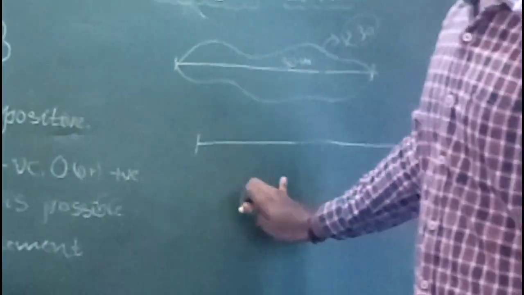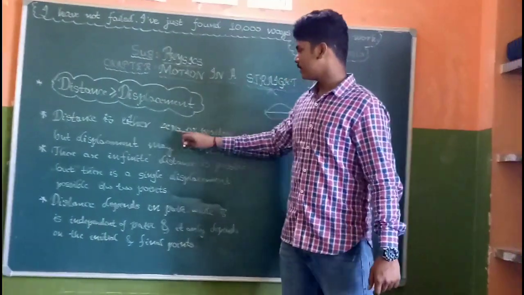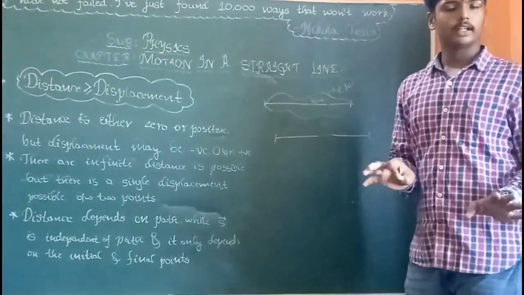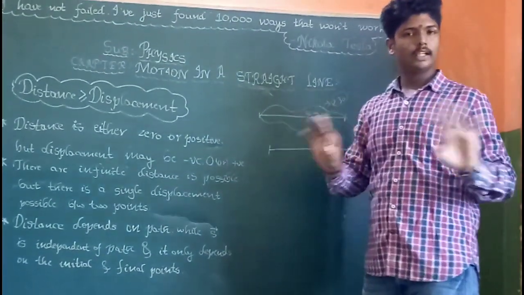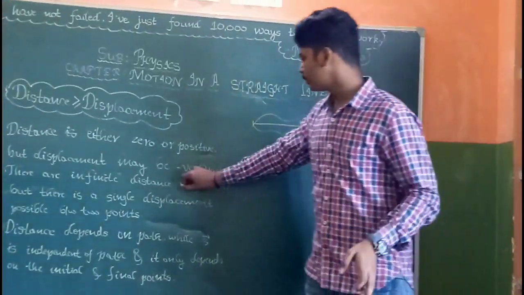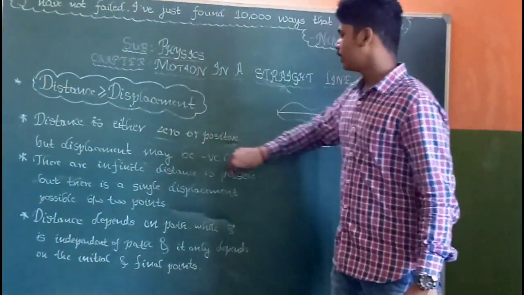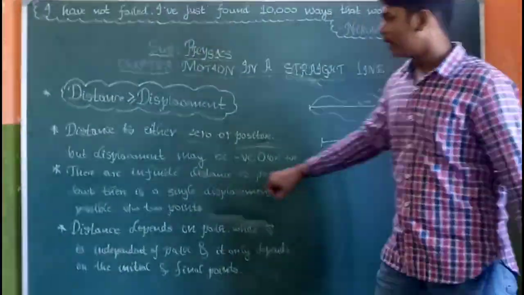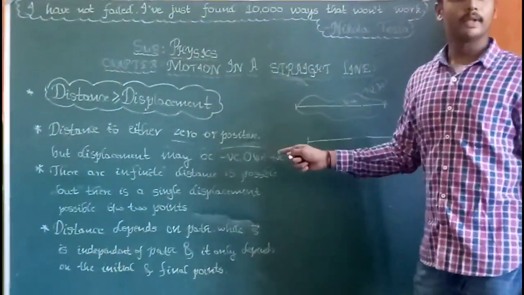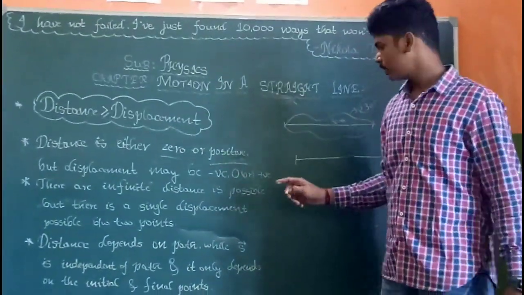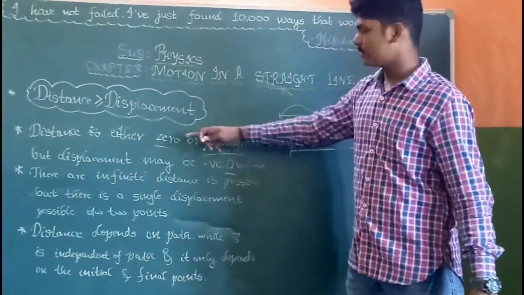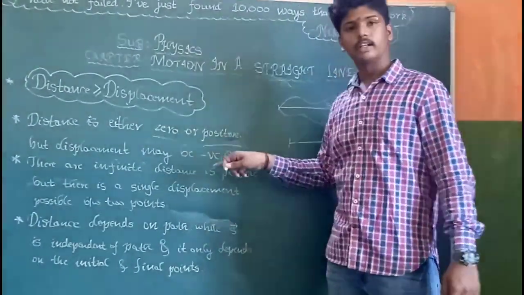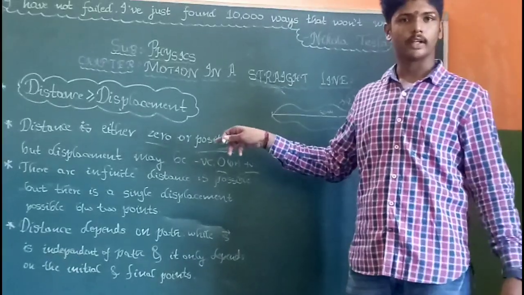Fine, let's move on. Distance is either 0 or positive. If an object doesn't cover any distance, it is 0. If it covers some distance, it is positive. But displacement may be negative, 0 or positive. 0 and positive are the same as distance, but negative is possible because displacement is a vector quantity.